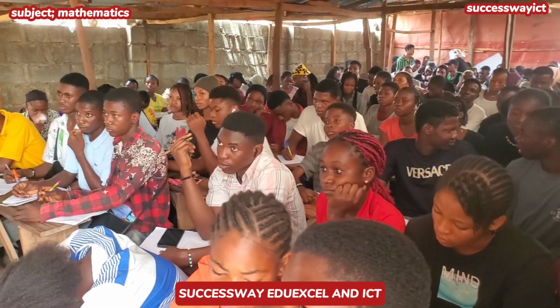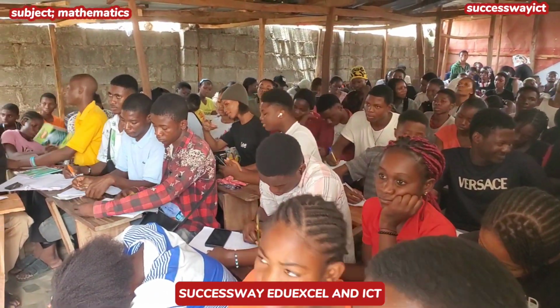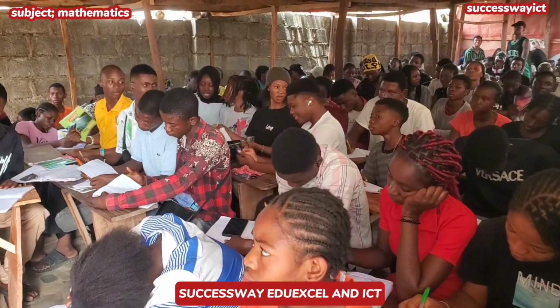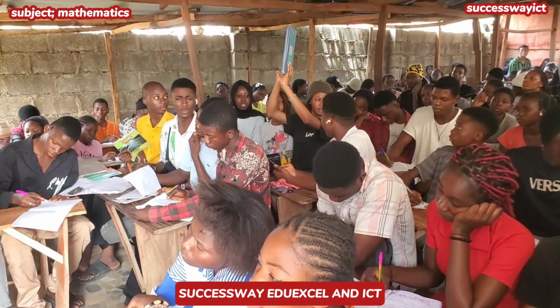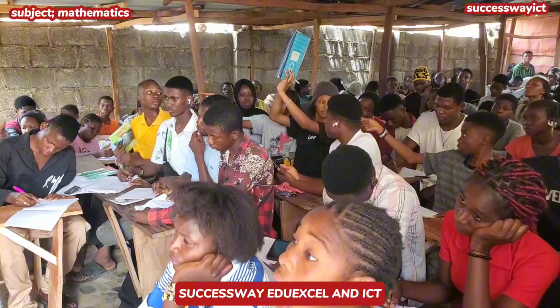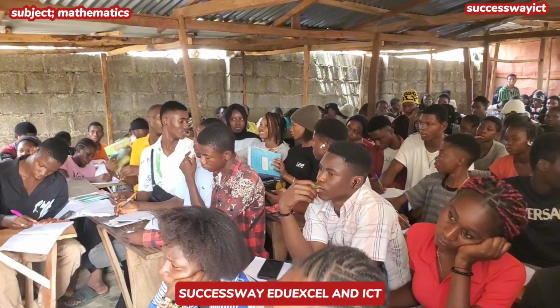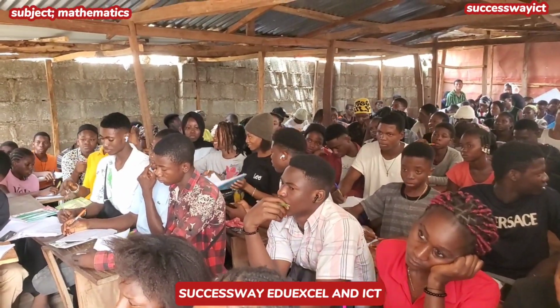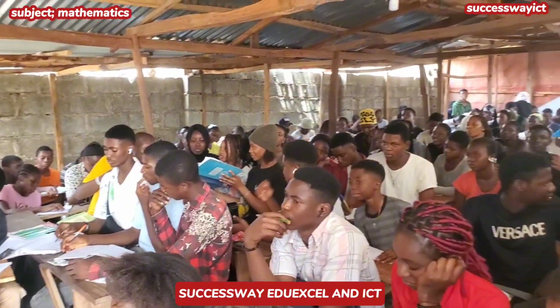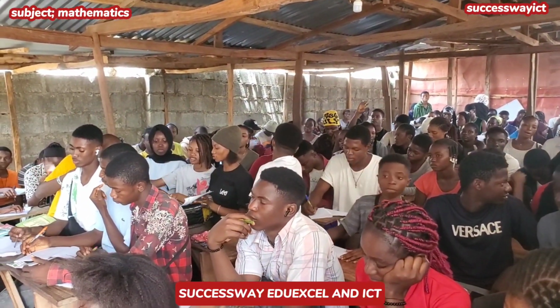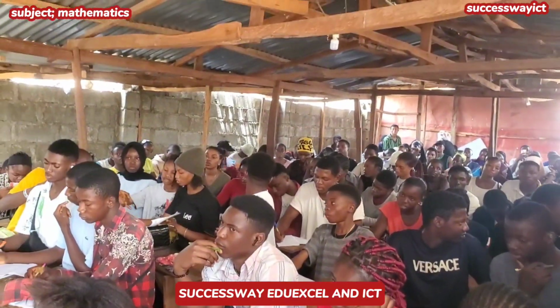Do you understand? Find the value of this in B. Find the value of this if A is equal to B. What's the position of U here?